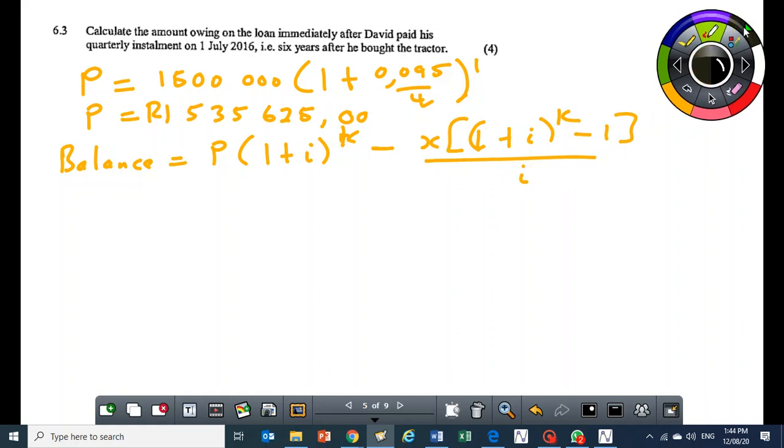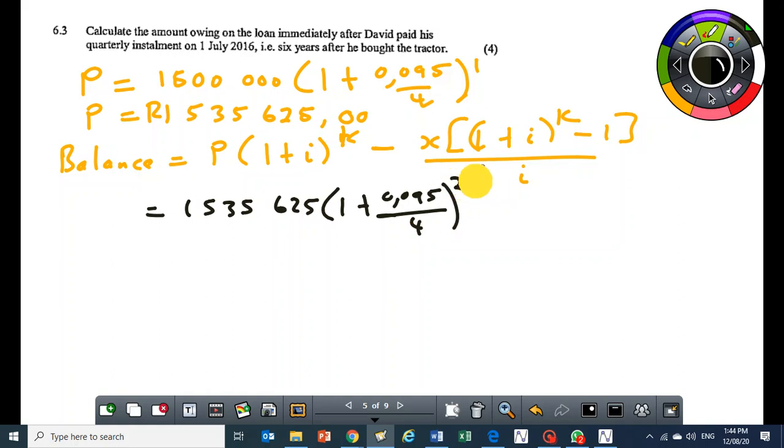So, where there is P here, I was supposed to put 1,535,625 because of the delay in making a payment. So that would be raised to the power of 23 minus X, which is 58,000.